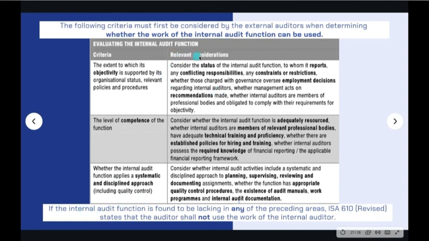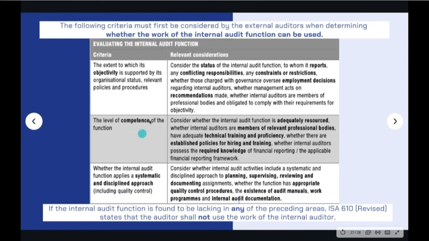And here are the relevant considerations for each of them. If the internal audit function is found to be lacking in any of the preceding areas, ISA 610 states that the auditor shall not use the work of the internal auditor.